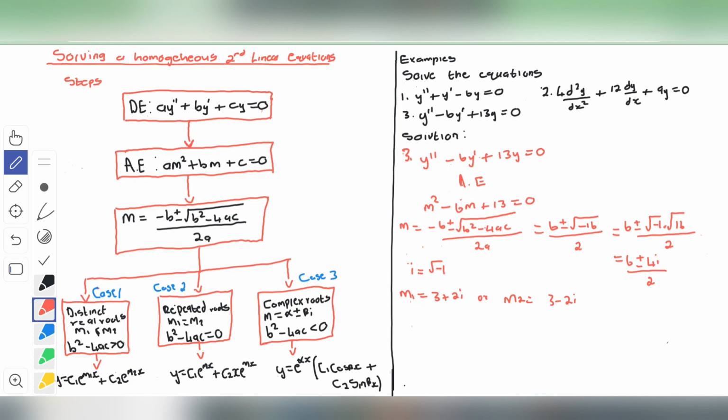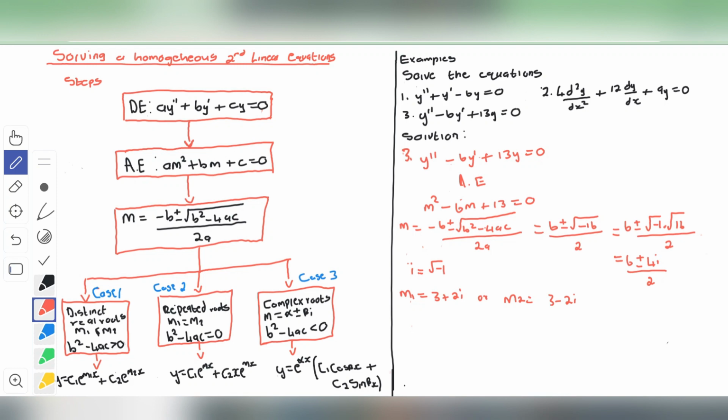To write it in terms of complex numbers, we say the square root of negative 1 multiplied by the square root of 16 is the same as the square root of negative 16, right? So we need to take the square root of negative 1 and replace it with i. I hope it's clear now.